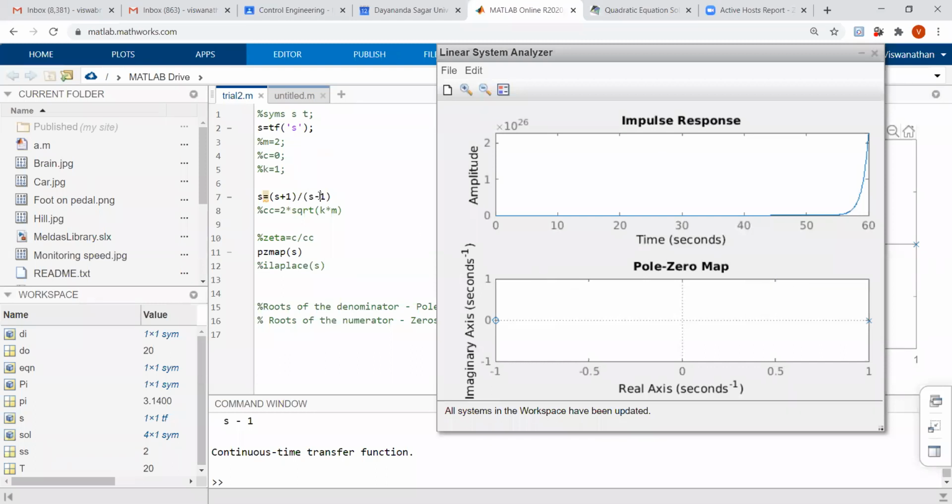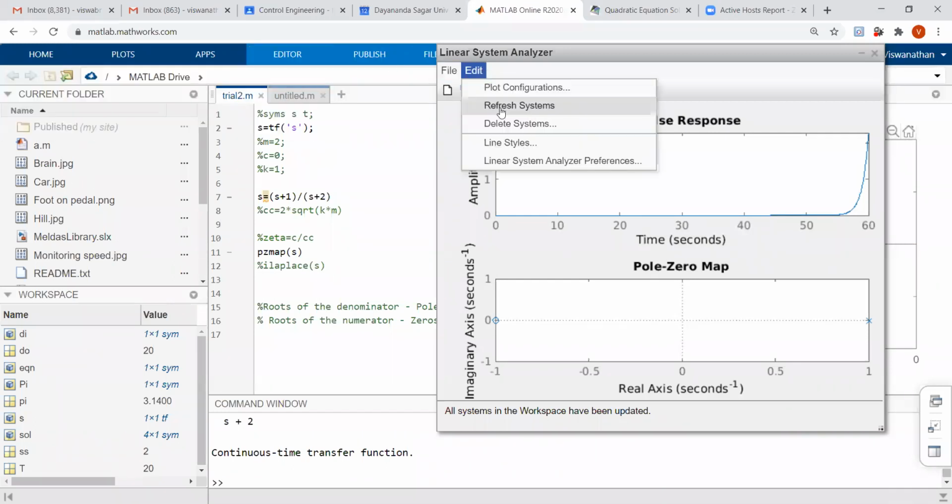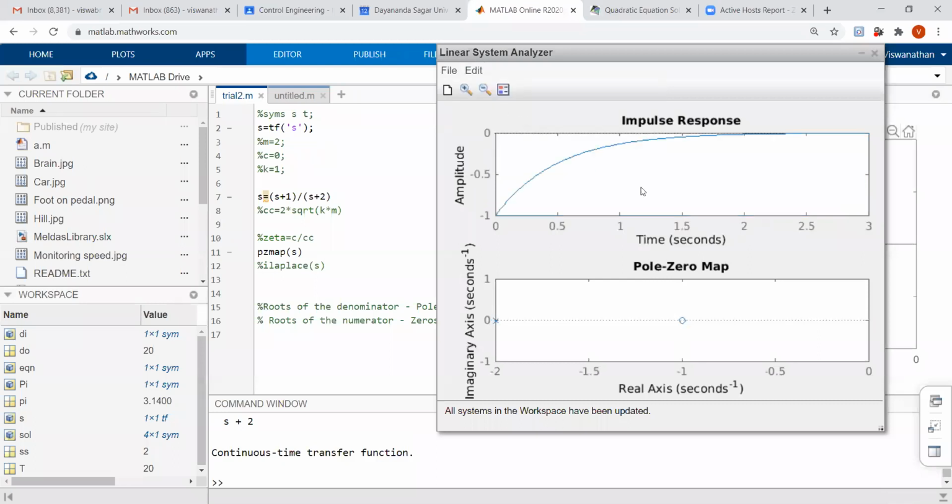So suppose if this was s plus 2, say. I'll refresh this. Now the system is stable. Okay, the system is stable, but even though this is, I'll put it as -1 here.